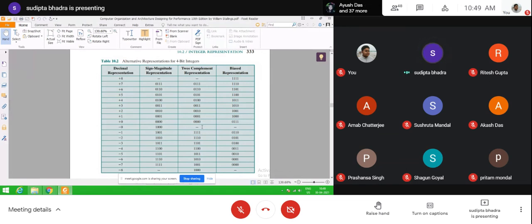What was the problem with sign magnitude? Sign magnitude has the problem that it has two representations of 0, plus 0 and minus 0. But minus 0 is not at all supported in 2's complement representation.